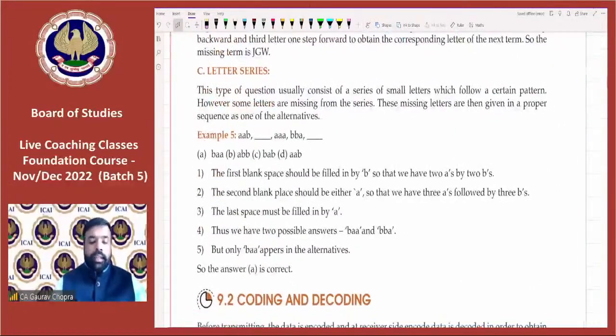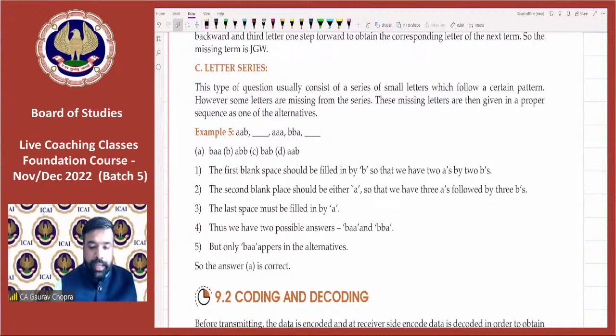Then there will be some letter series, like let's say the series is this time A, A, B, then one dash is there, then triple A is there, and then one dash, B, B, and then there will be some dash in between, because in the given example there are only two dashes, whereas the option is giving three dashes.